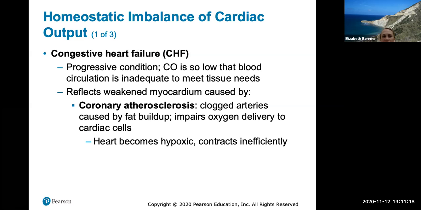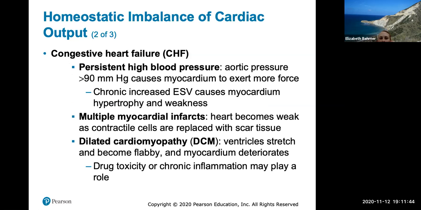Congestive heart failure is a progressive condition. The cardiac output is so low that the blood circulation is inadequate to meet tissue needs. It reflects a weakened myocardium, often caused by coronary atherosclerosis, which is that fat buildup clogging your arteries and impairing oxygen delivery to your cardiac cells. The heart becomes hypoxic, with decreased oxygen, so it contracts inefficiently. Persistent high blood pressure can be a cause.